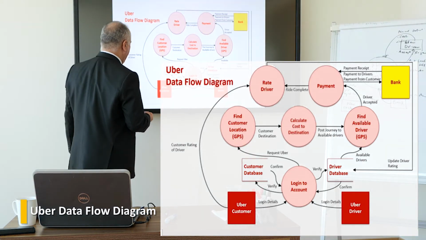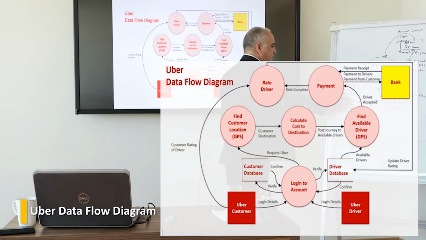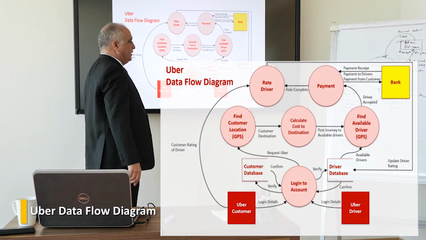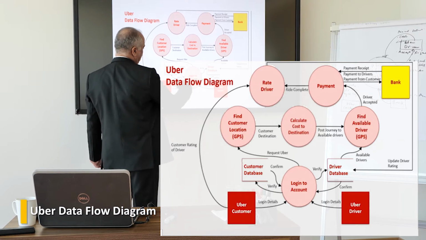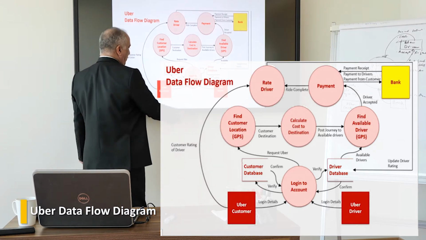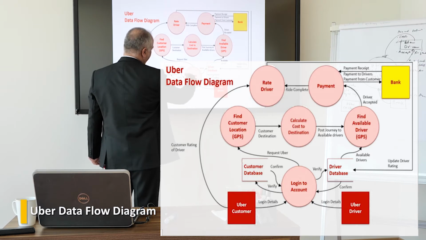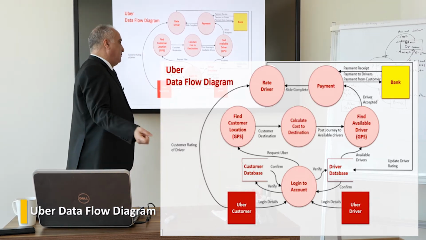The first part is, again, the customer register. Here is the customer register. So again, we have a login, creating an account. In other words, login details. This is a process called account details or login, like what you have in your email.